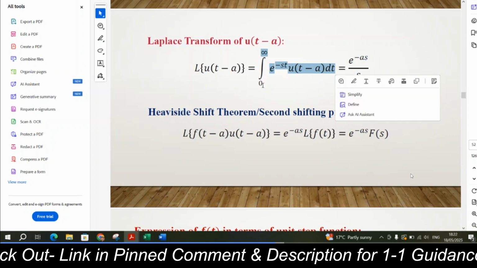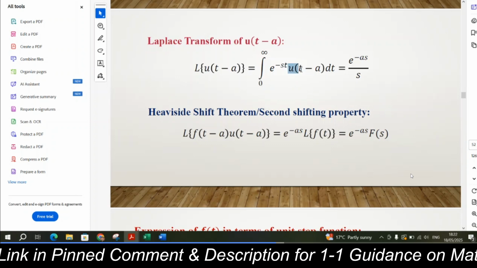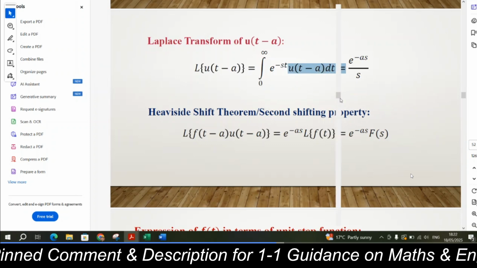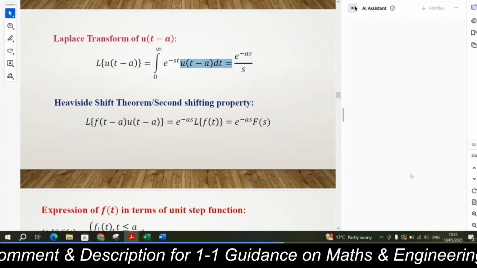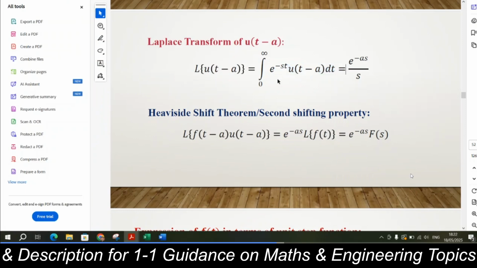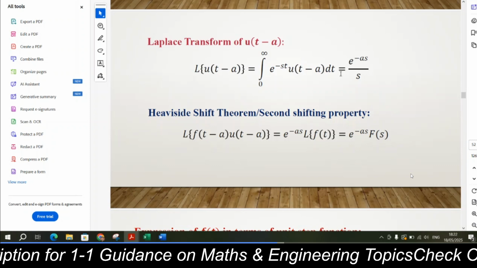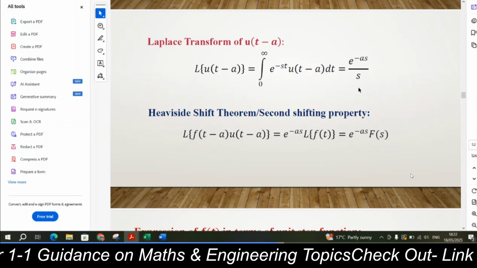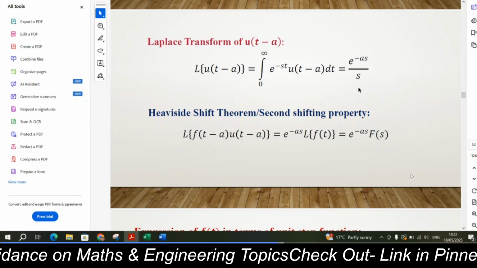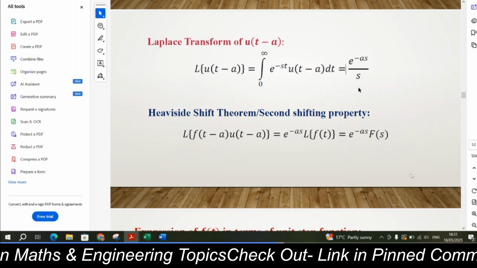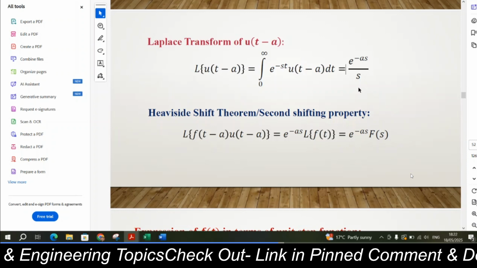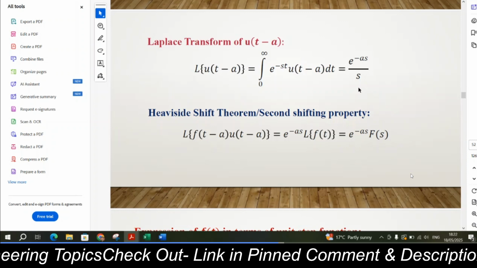So how does the Laplace transform of this step function work? When you apply the Laplace transform, you come to the integral from 0 to infinity of e raised to minus st into the function, dt. As you see, it directly gives you e raised to minus as over s.